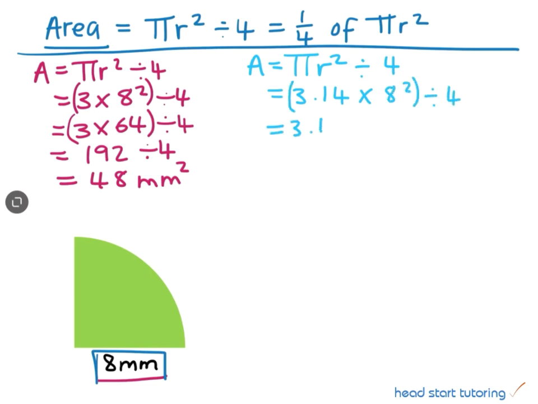So 3.14 multiplied by 64 and then divided by 4. 3.14 multiplied by 64 is equal to 200.96 millimeters squared, because the 64 is in millimeters squared, because that 8 was 8 millimeters. 8 millimeters multiplied by 8 millimeters gives us 64 millimeters squared.